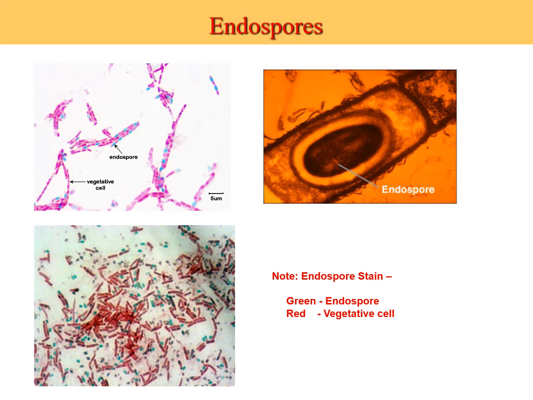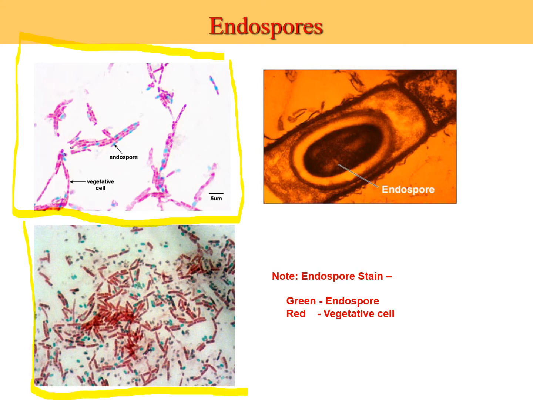These are photomicrographs at high power. The other two figures here and below that are high power photomicrographs of bacterial species that can form spores and have been stained using an endospore stain.